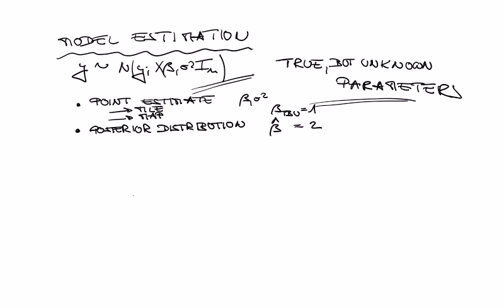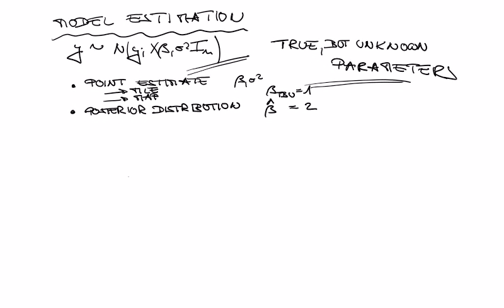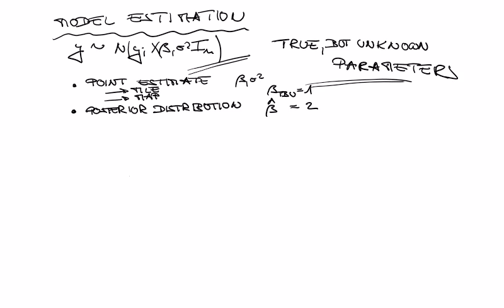I'm trying to tell you that there are multiple ways to do model estimation. In terms of posterior distributions, a standard way to derive them is analytically by Bayes' theorem.